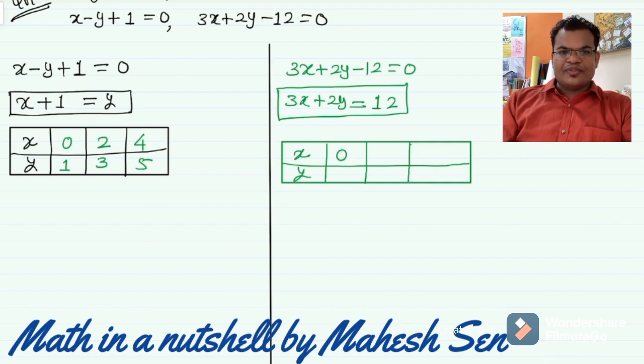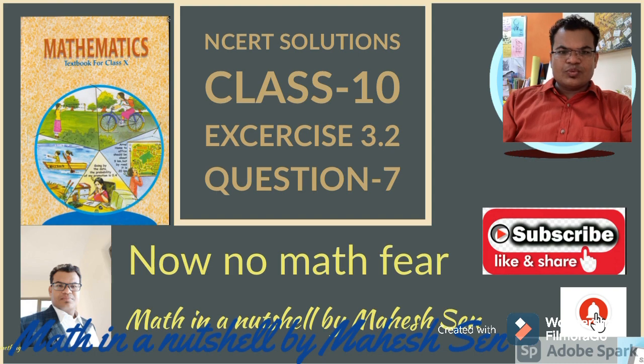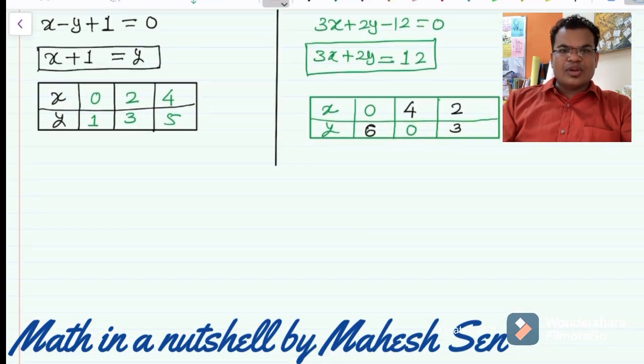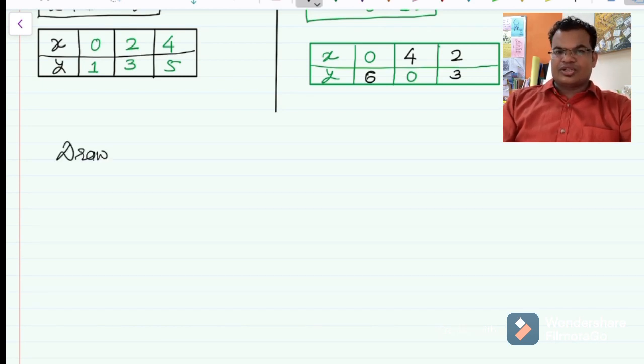So when x is 0, 2y equals 12, so y equals 6. After this, if y is 0, then the term of y will be 0, so 3x equals 12, so 3 fours are 12, so 4 will be the value of x. Similarly, I put x equals 2, and y is 3. This way I'm getting the values, and my table is ready.